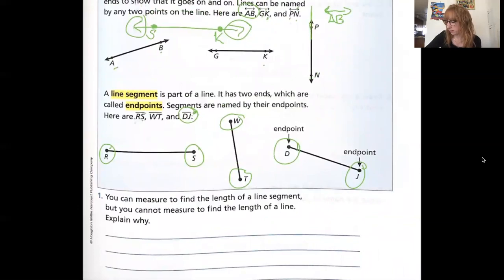It will go on forever and ever. But line segment DJ has a certain length. It starts here and it ends here. So there's a point where we can measure the start to finish, but a line continues on and on forever and ever, so we can't measure those.